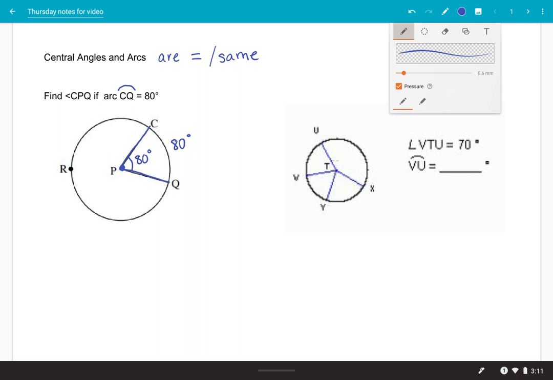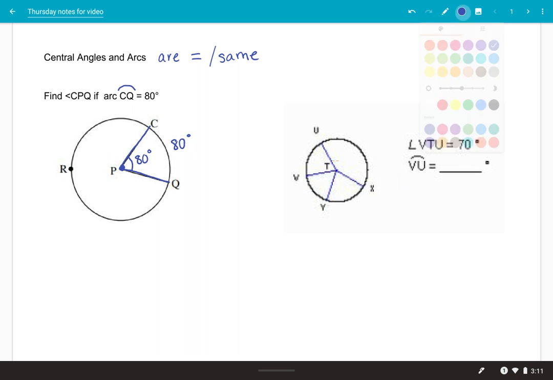Sometimes that happens. Let me change to a different color. Okay, so angle VTU is 70 degrees. They want us to find this. And what would that be? Well, since I know it is a central angle, we know it's going to be exactly the same.